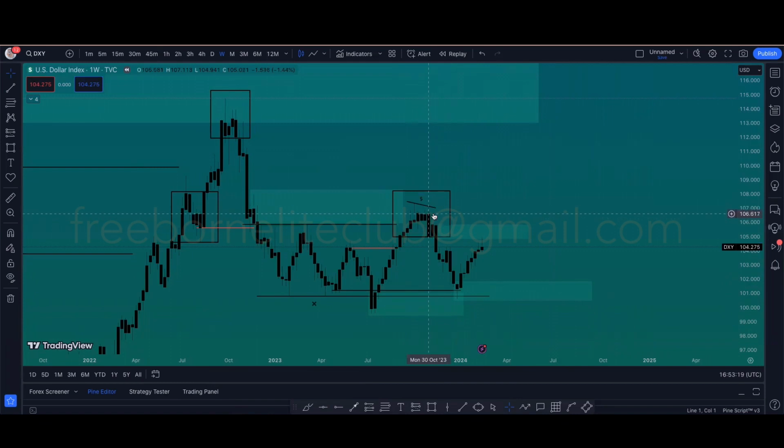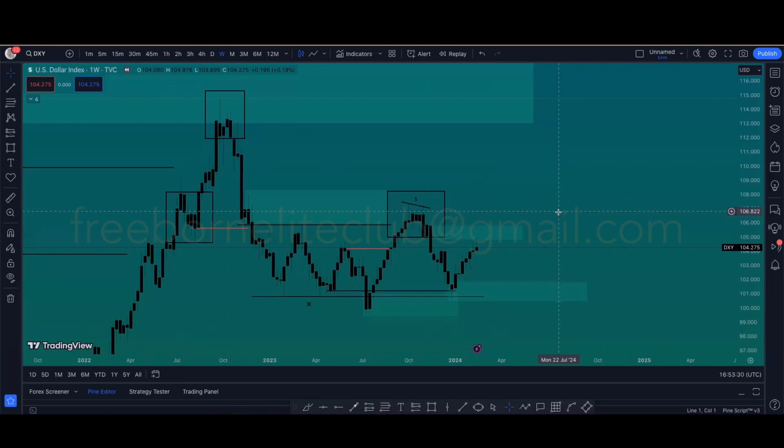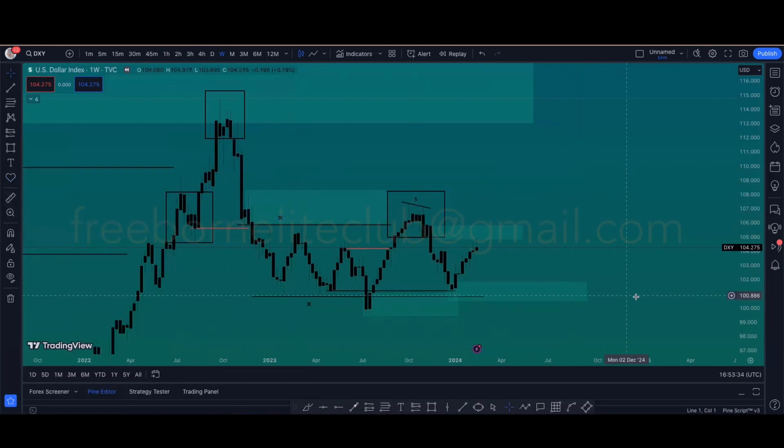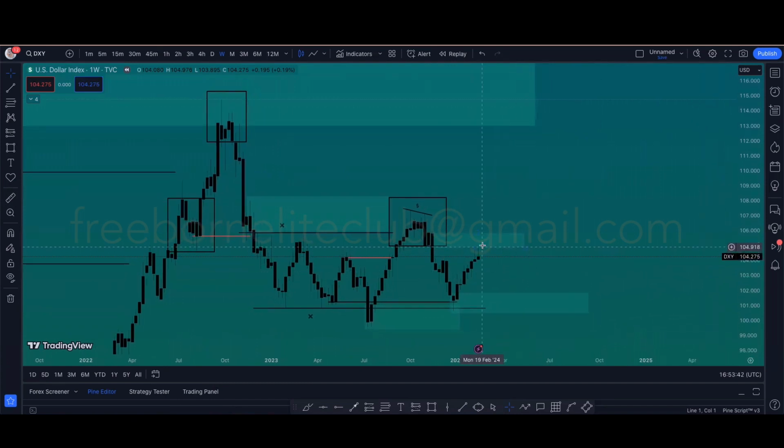I wouldn't want to sell from anywhere here because there's liquidity above it. So I wouldn't want to sell from anywhere in this zone, right? If price closes above the other block that you just marked out, you will not be looking to sell above that zone. I'm not looking to sell above this zone.